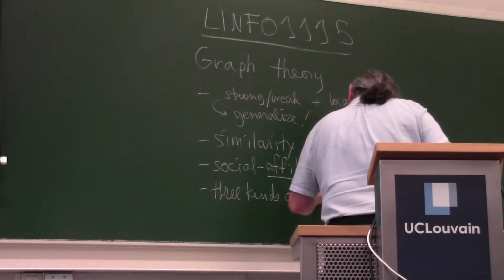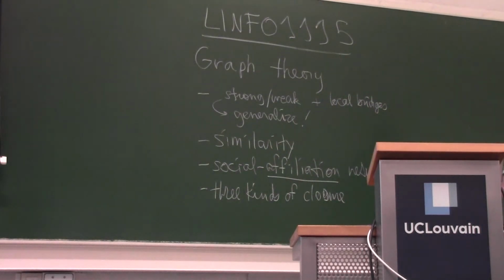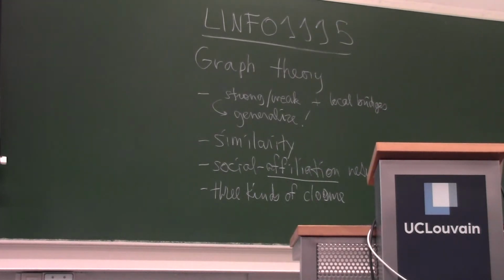Then we have three kinds of closure instead of just one. Remember last week I mentioned triadic closure. It's a very sophisticated name. It's a word to say that if you have two friends in common, probably they will also become friends. So friends of friends become friends.